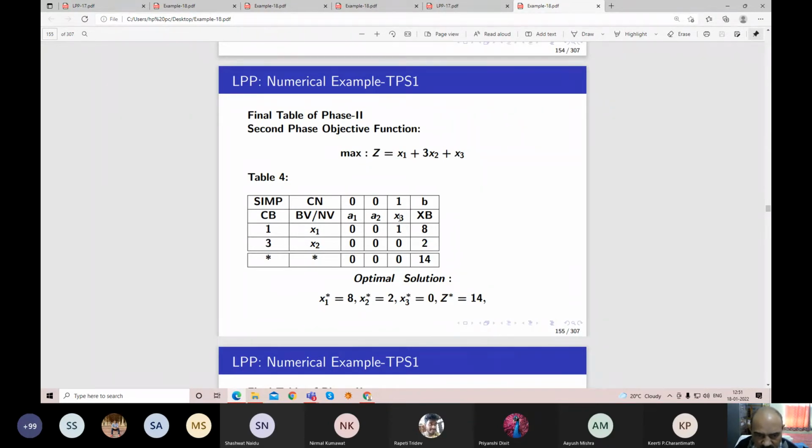And there is a coefficient. You can see here x3, the top coefficient is 1, and similarly the x1 coefficient is also 1. So we interchange.